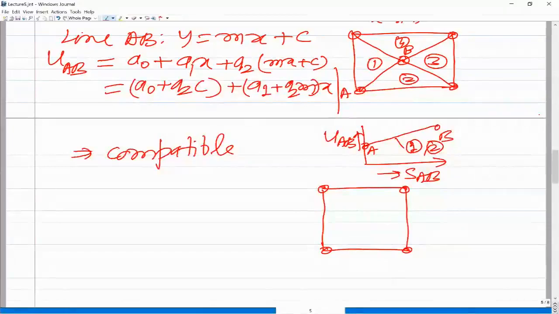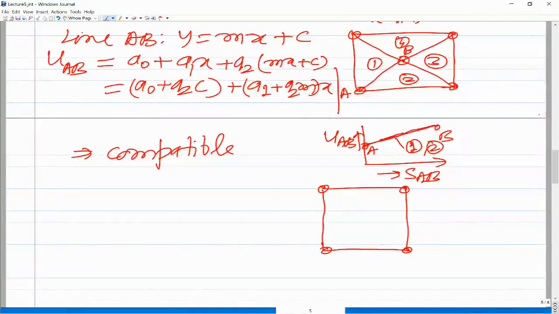So from these two values at A and B, when we plot a linear line, both elements will give you the same u and v values. That is what I said: at A, u and v are common between both the elements. At B also, u and v are common between the two elements 1 and 2. In between the variation is linear. So whether we talk of element 1 or element 2, it would be the same linear variation.